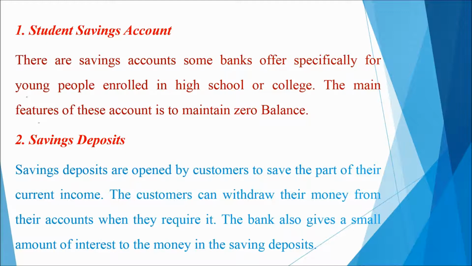The second one is savings deposits. Savings deposits are opened by customers to save part of their current income. The customers can withdraw their money from their accounts when they require it. The bank also gives a small amount of interest on the money in the savings deposits.